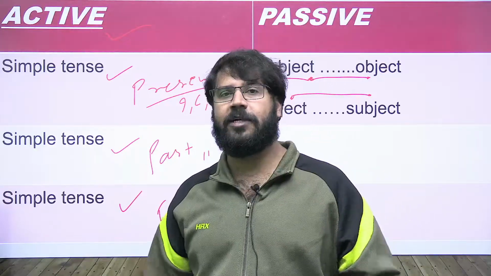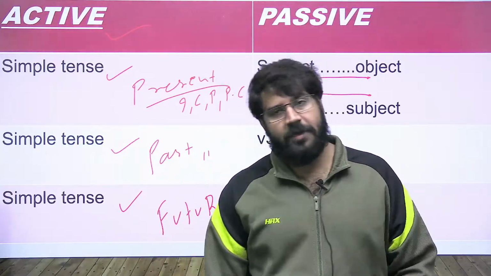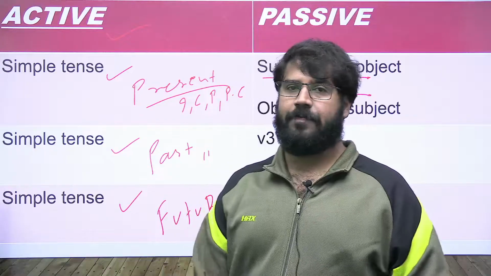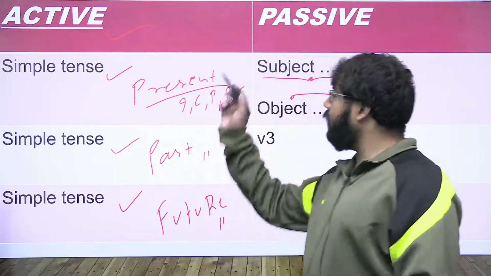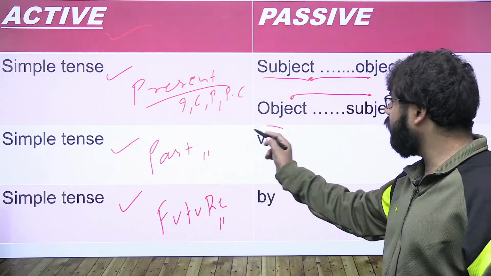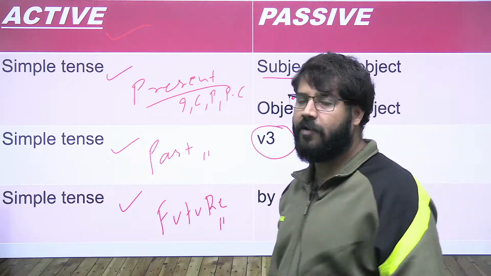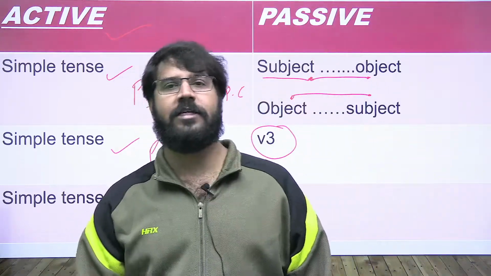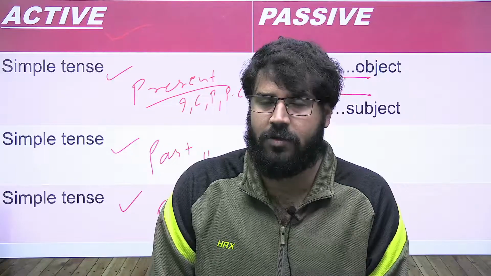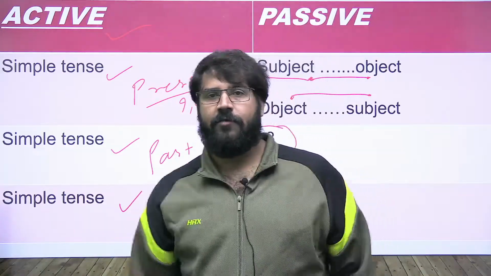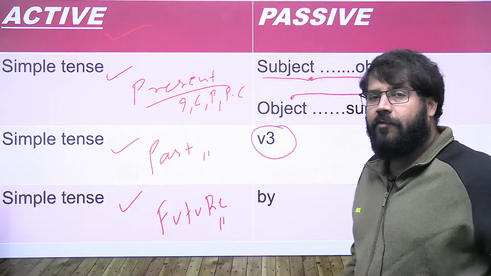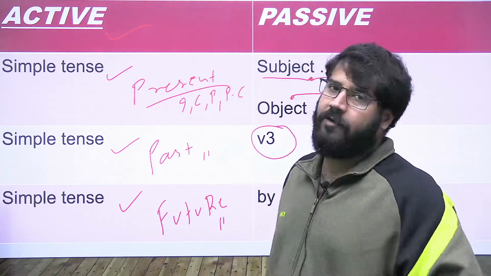On the place of the subject, the object will come, and on the place of the object, the subject will come. And by using these rules, you will have to use the third form of the verb every time in passive voice. It is the basic and universal rule.